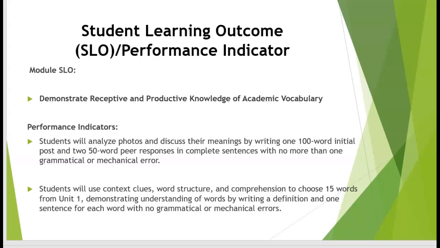Yes, I've repeated it. And that's the incredible thing about these learning outcomes and performance indicators. They don't operate by themselves. They are all intertwined. I think that's important to understand because vocabulary is in almost everything. Reading and comprehension is almost everything.